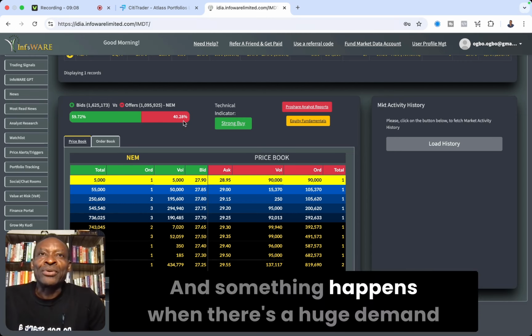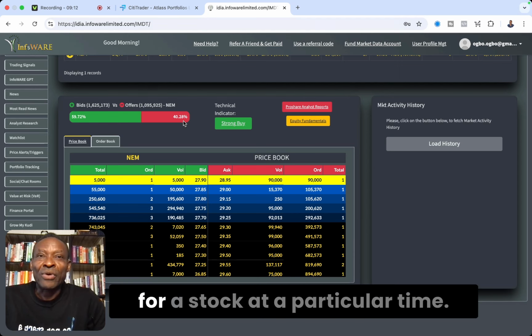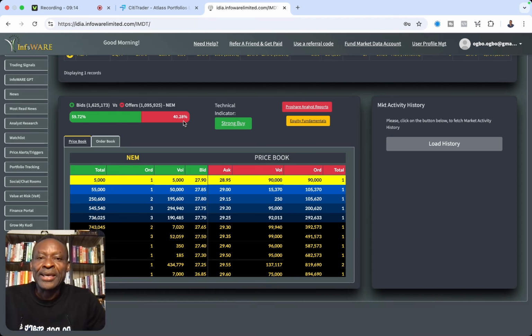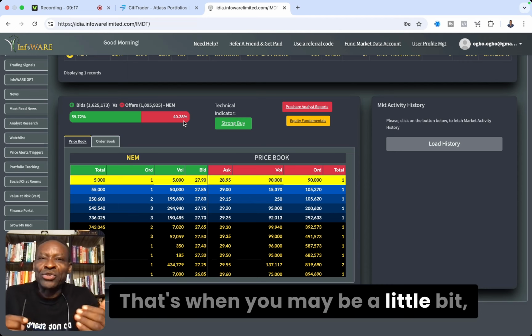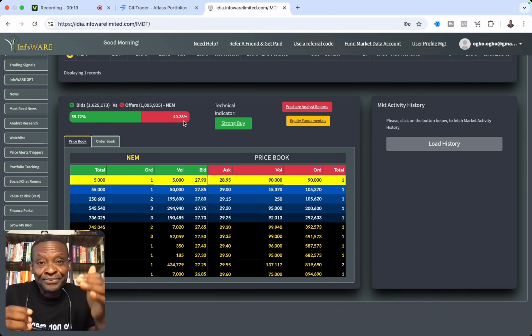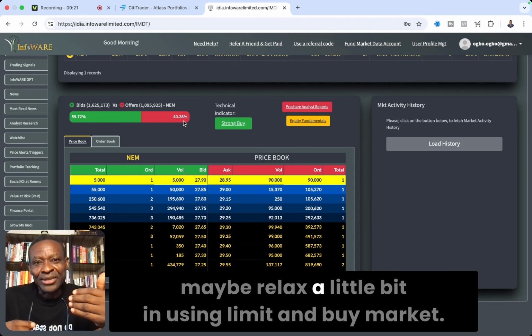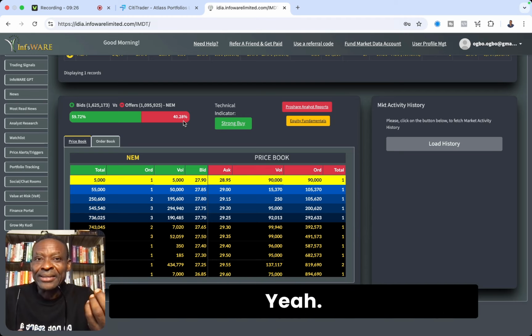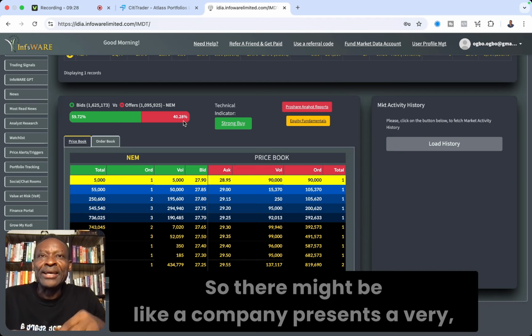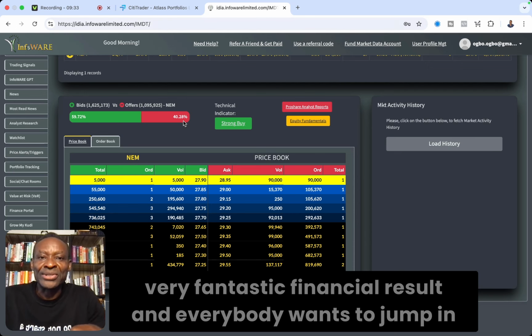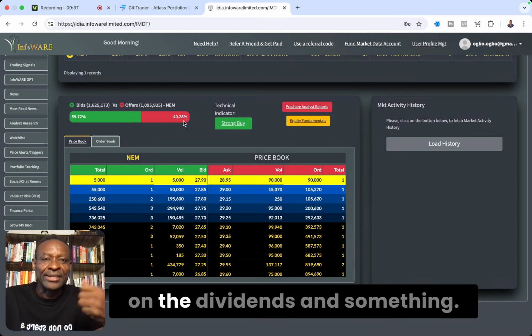And something happens when there's a huge demand for a stock at a particular time. That's when you may relax a little bit in using limit and buy at market. There might be a company that presents a very fantastic financial result, and everybody wants to jump in on the dividends and something.